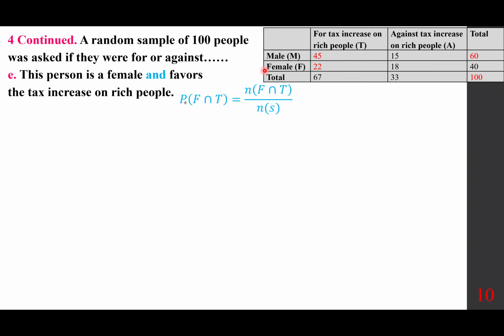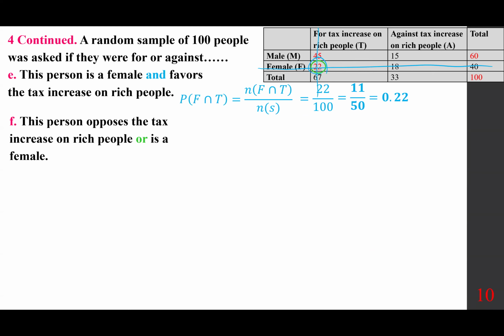I hope you see that this number is in common, 22 over 100, and it changes to 11 over 50 or 0.22.